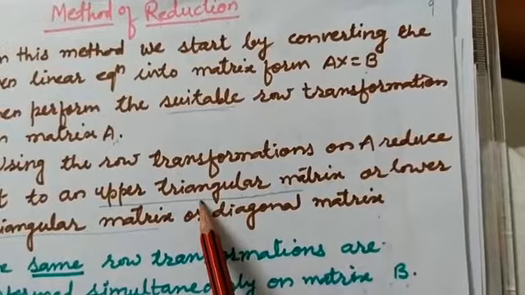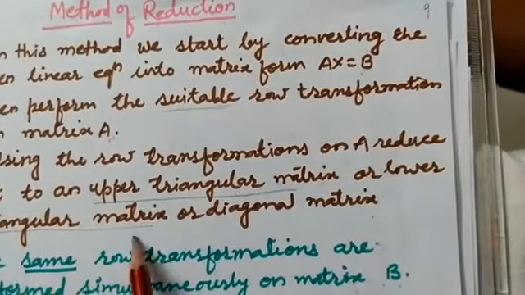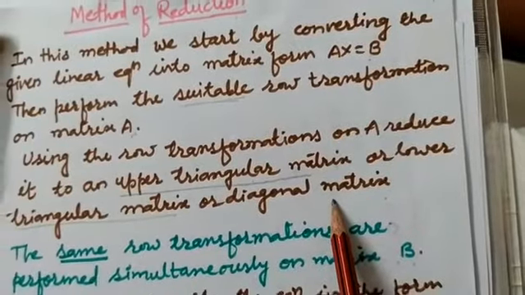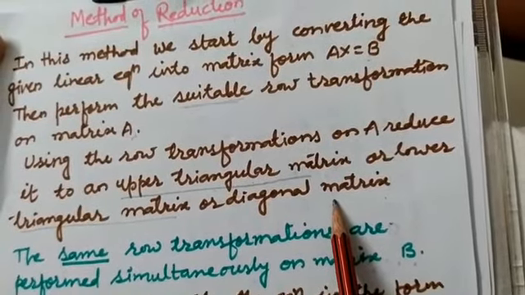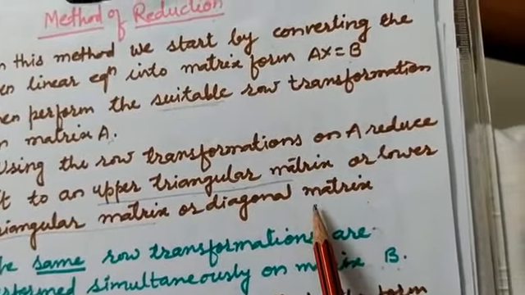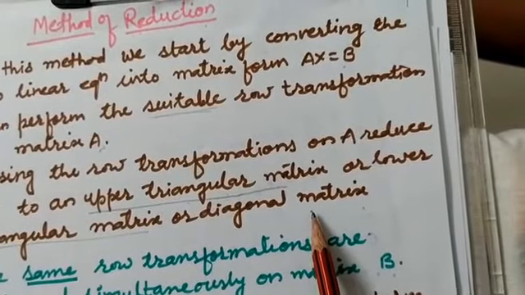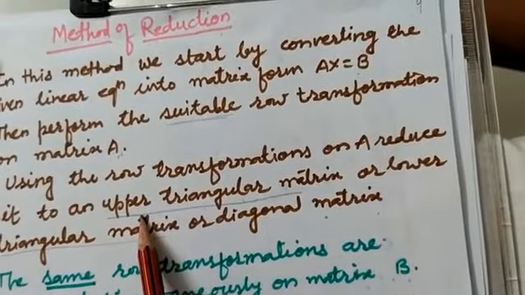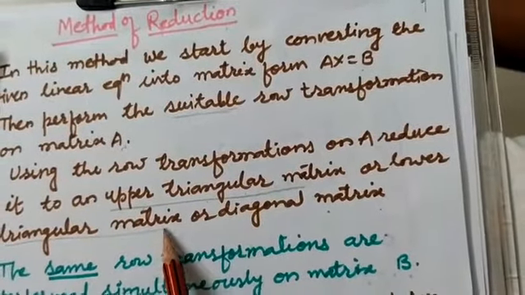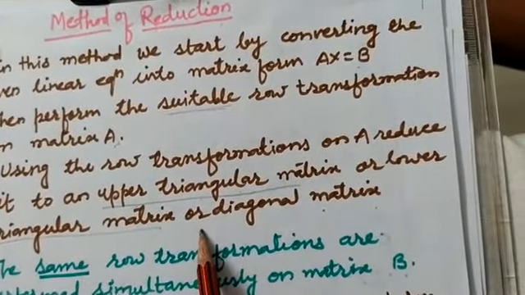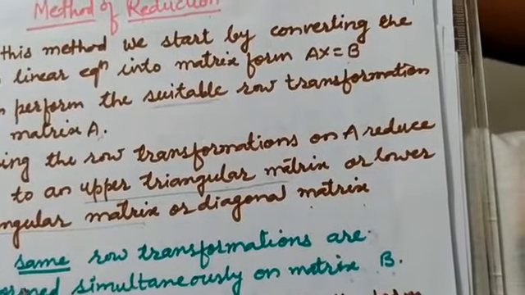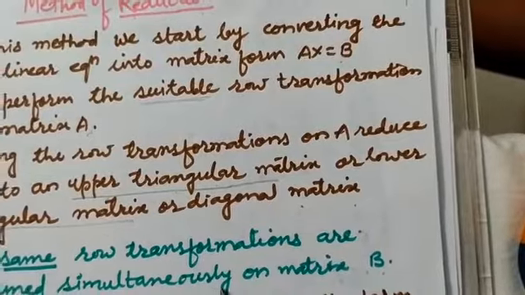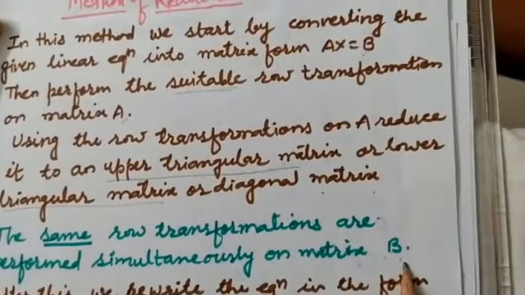This means that the elements in particular positions should have some special value. That's why we have to reduce them to either upper triangular, lower triangular, or diagonal form. The same row transformations are performed simultaneously on matrix B also.